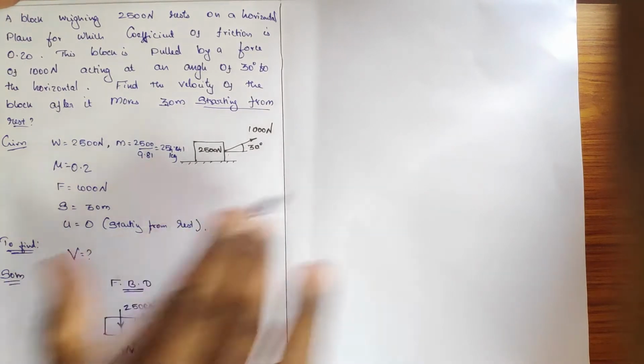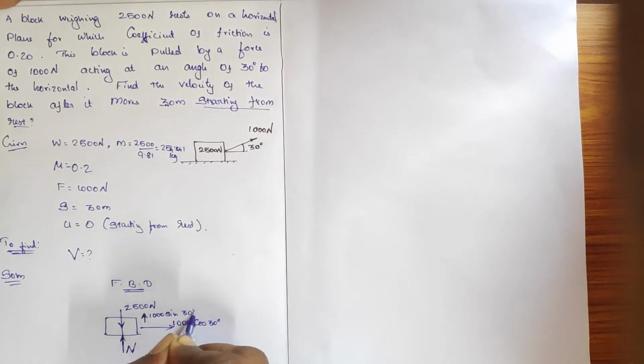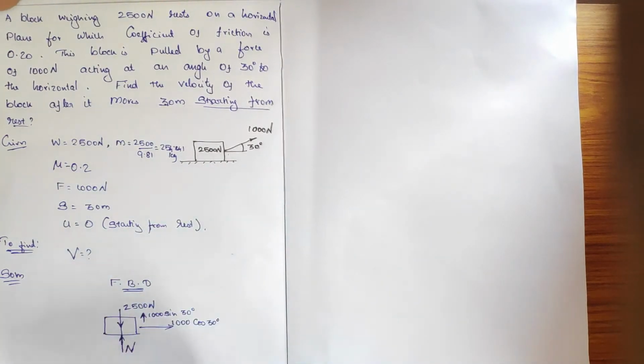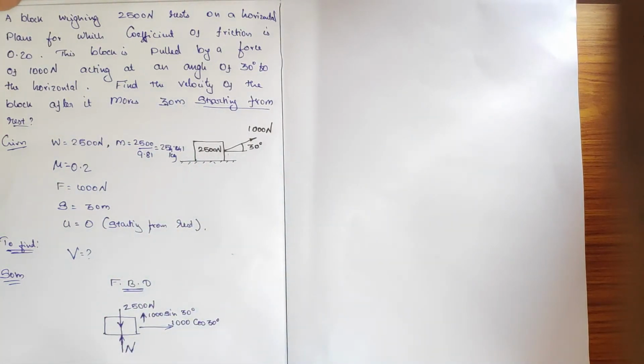Since it is moving something like this, horizontally right and vertically up, I designate the forces as 1000 cos 30° for the horizontal force and 1000 sin 30° for the upward force. Any other force? Yes, in the contact region, the normal reaction and the friction force will be there. That's very important. You should not miss the friction force.